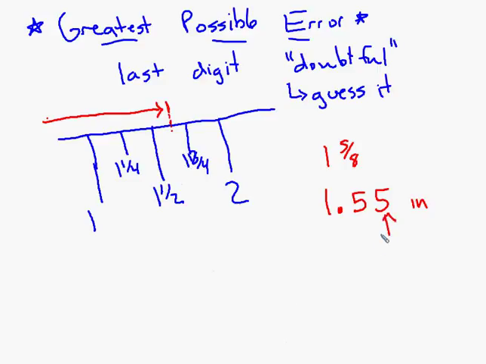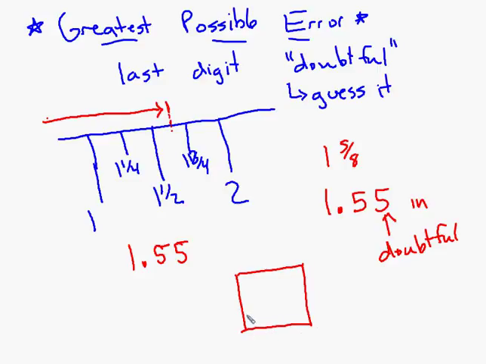This digit right here is doubtful, because I don't actually have a hash mark here, do I? So I don't know what it actually is. So if I measured this thing, and maybe it's a square, and I'm measuring the size of the square, and this is 1.55, and this is 1.55, both of these digits are doubtful.